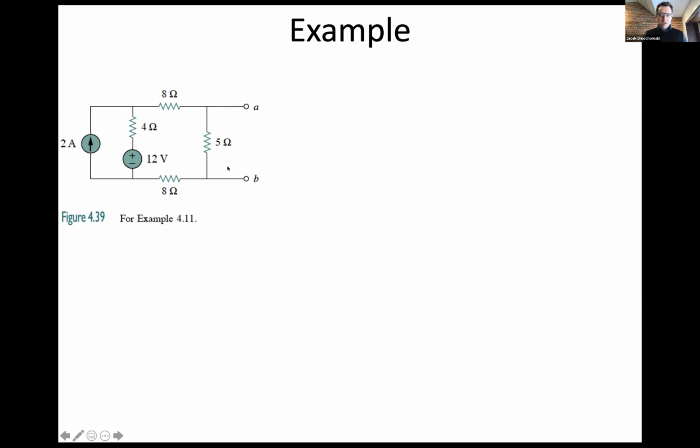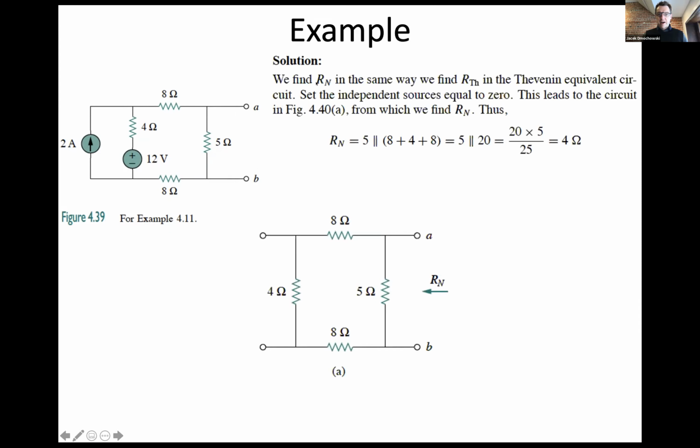Our terminals are here on the right. So the first step is to find RN, right? So we disconnect the 2 amp source, and that's why this branch now is open, and we short circuit the battery. So remember, 0 amps means open circuit, 0 volts means short circuit.